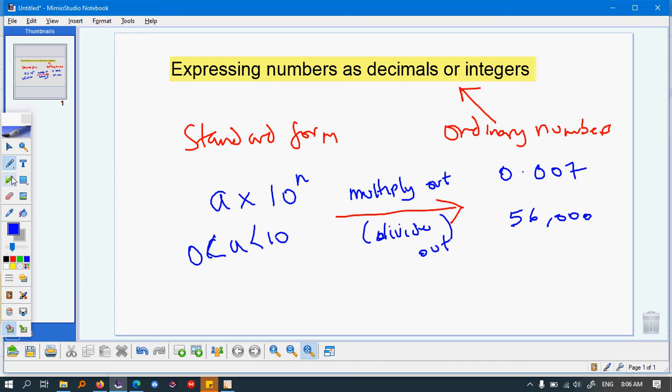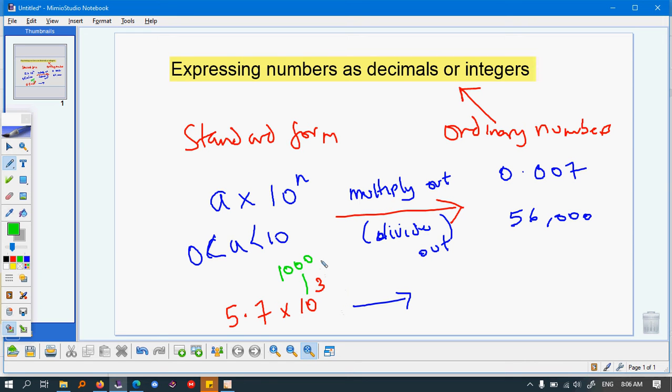So for example, if I have a number which is 5.7 times 10 to power 3, I will be multiplying out. And multiplying out in this case, I mean multiply by 10 power 3. We know that 10 power 3 is the same as 10 times 10 times 10, which is 1,000.